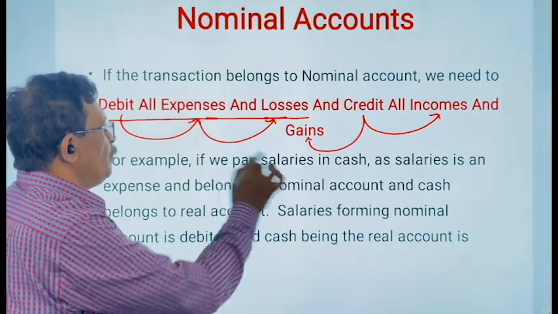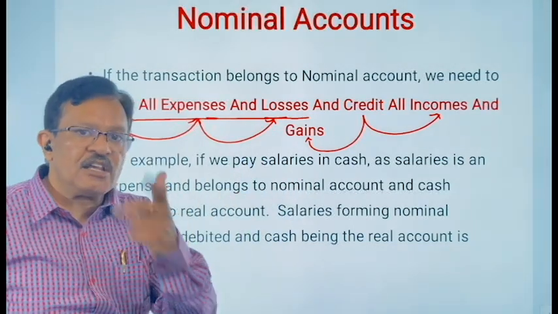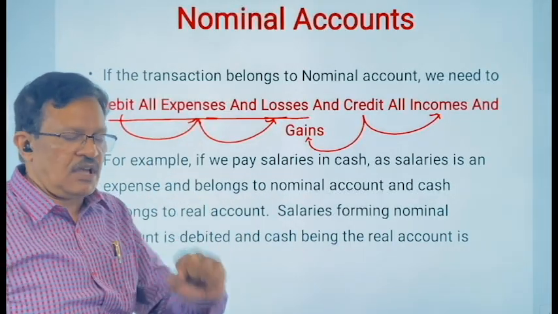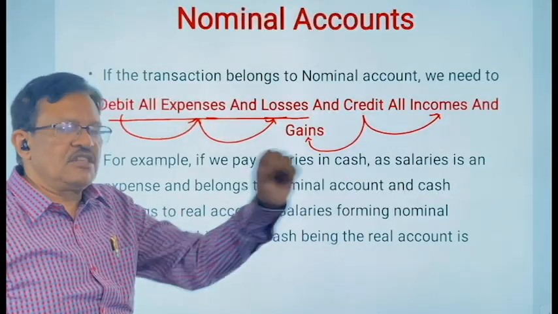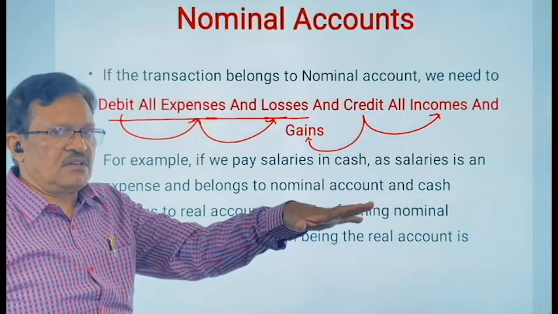For example, if we pay salaries in cash, salary is nothing but an expenditure, so we are going to debit the account. Wages we are paying, so we debit the wages account. Rent is there.